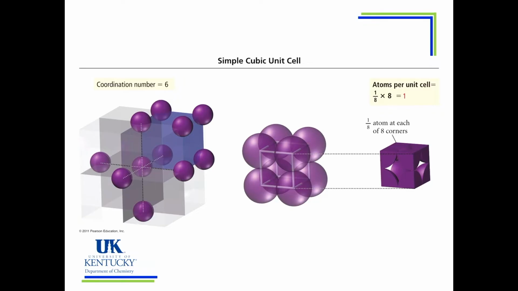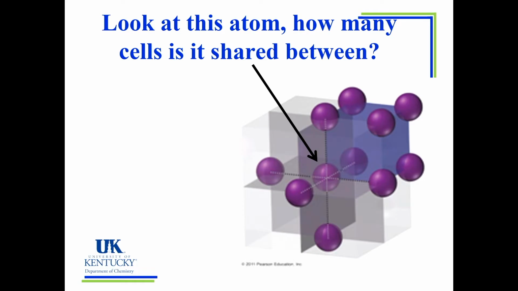So if that is 8, let's look at it, and let me write on there. How can we look at this? This unit cell is in the back right of my image. Do you agree with that? And there is a unit cell sitting in front of it right here.